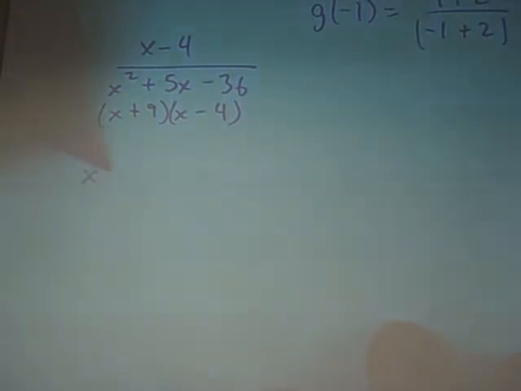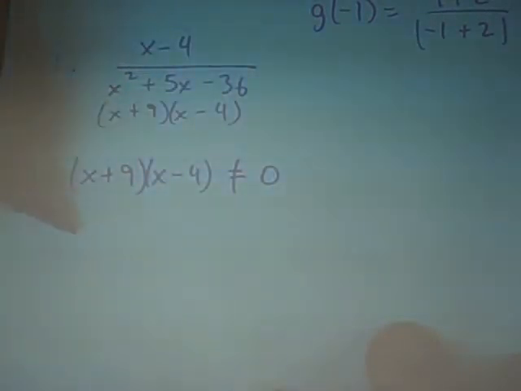So x plus 9 times x minus 4 cannot equal 0. So x cannot equal -9, and x cannot equal +4. So in this case, the domain would be all reals except -9 and +4.